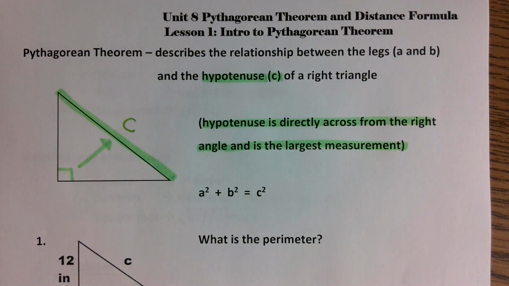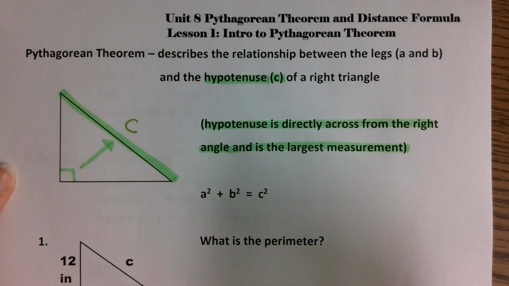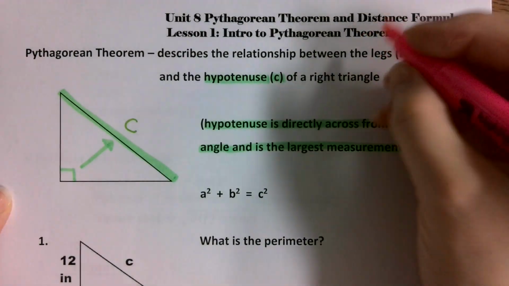The legs are the other two measurements, and they form your right angle.